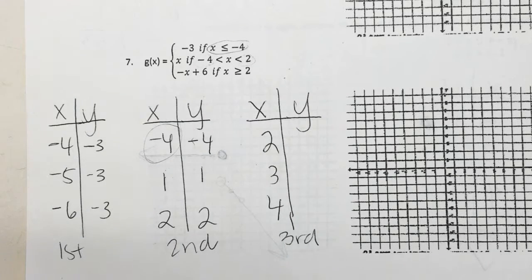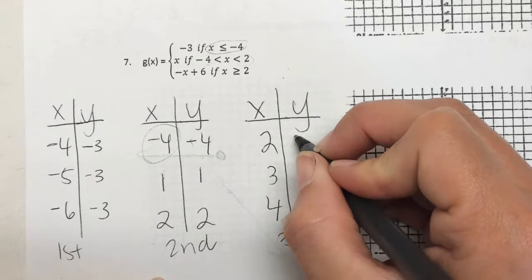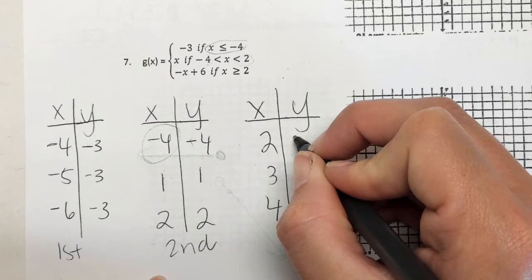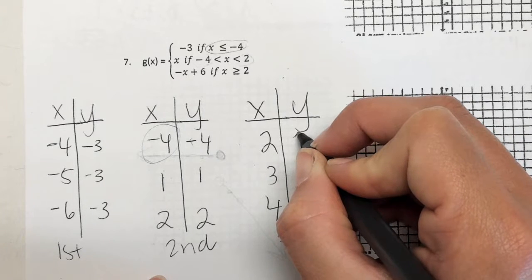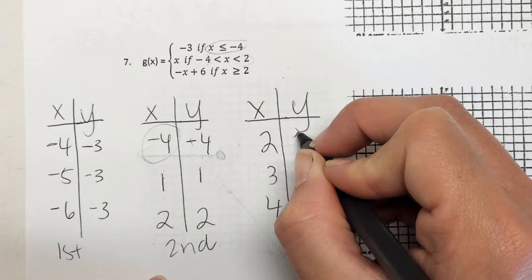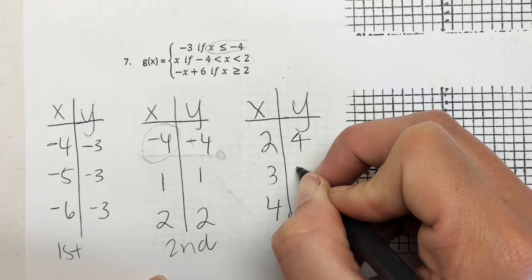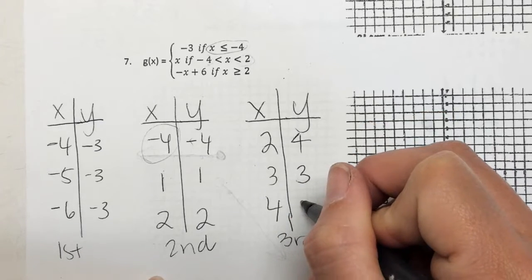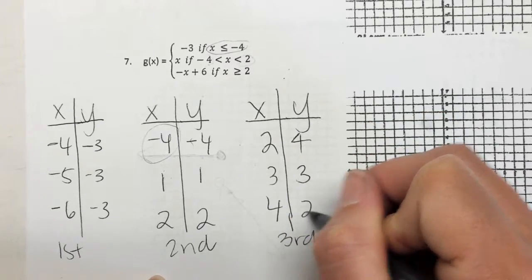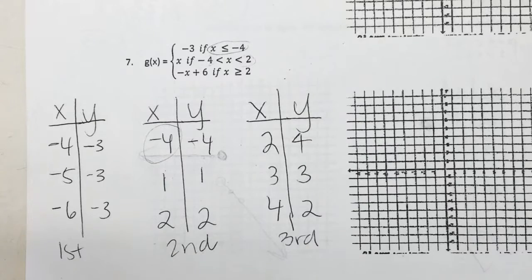Alright, for my last one, Madison, tell me my y values that I'll get. 4. Next. 3. Next one? 2. Good. So everybody see where we get those y values from? Everybody's good with that part?